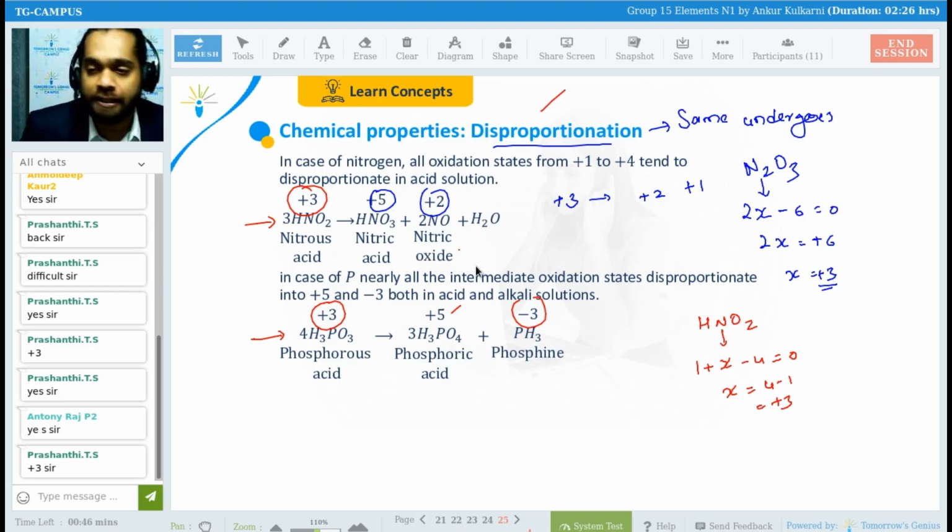Come on, write down these two reactions and say done in the chat box. Write down the two reactions, write down the oxidation state as well.